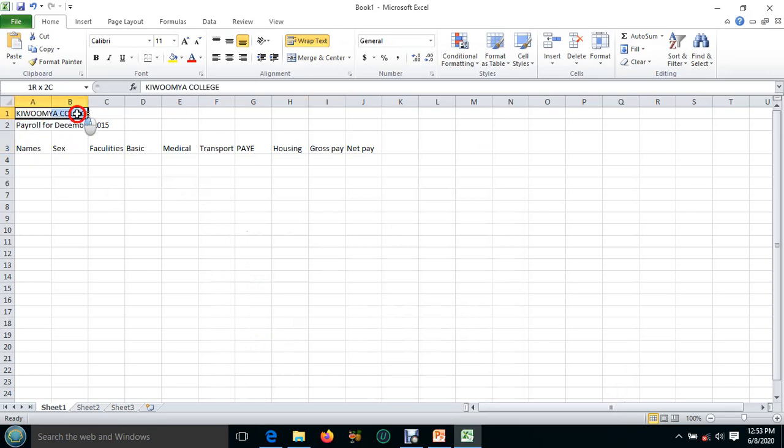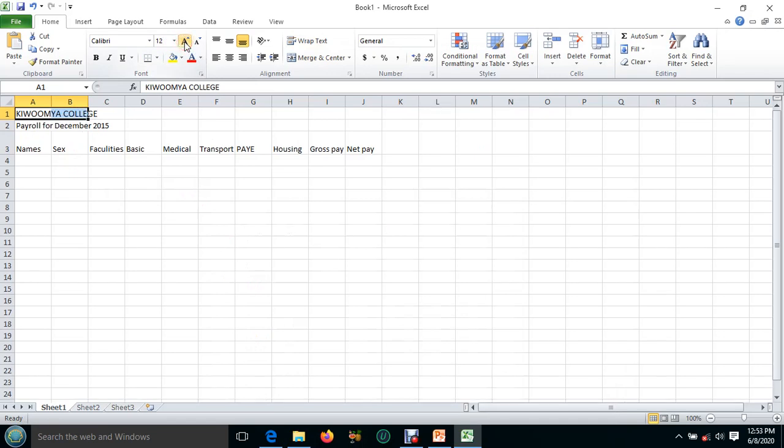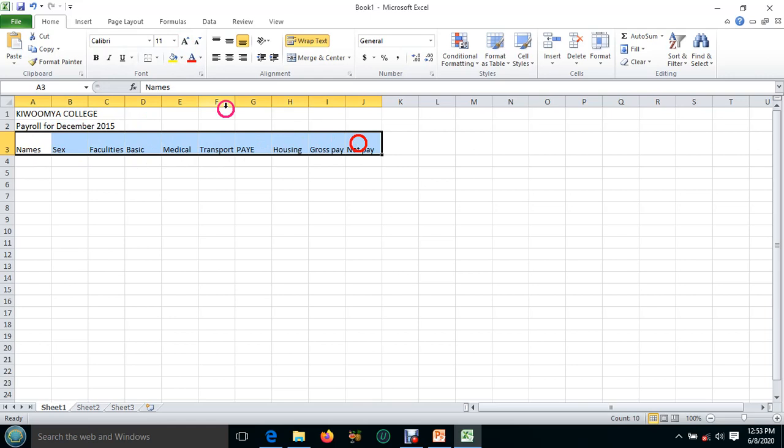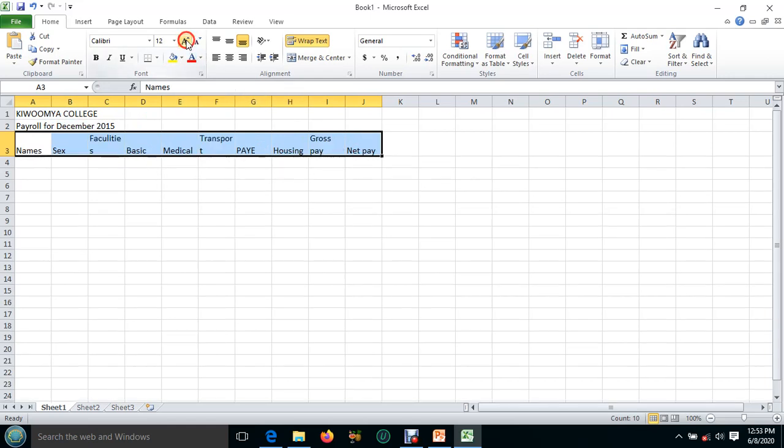So when you come here, you can increase it maybe to 12. Then when you come to this one, you may also put it to 12. When you come to this one, you can put them also to 12. Just a matter of playing with the font sizes.